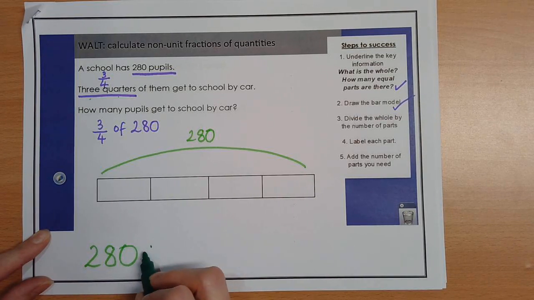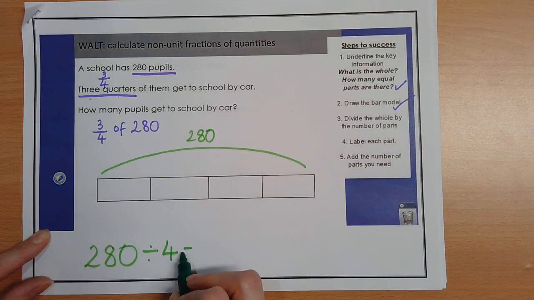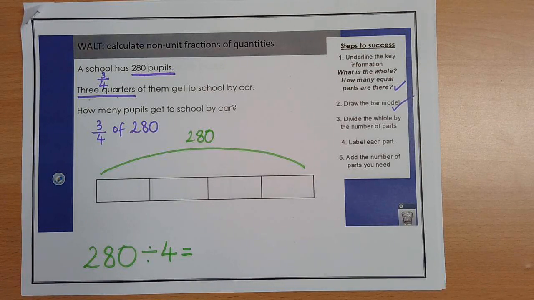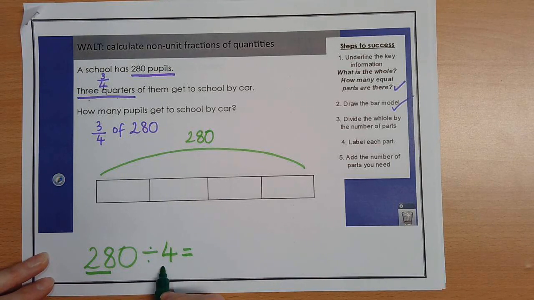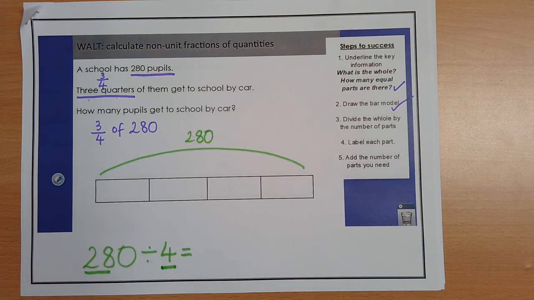280 divided by 4. Now, it's a little bit tricky here because I may not know how to work this out in my head, but I can use my times tables facts. So you may know the relationship between 28 and 4.